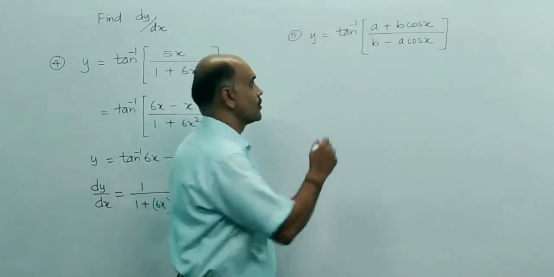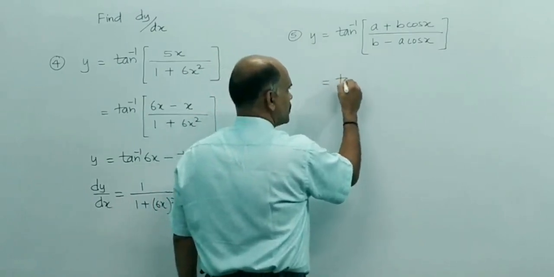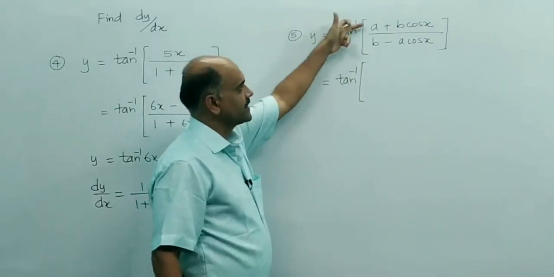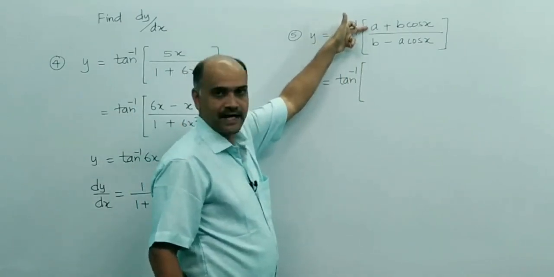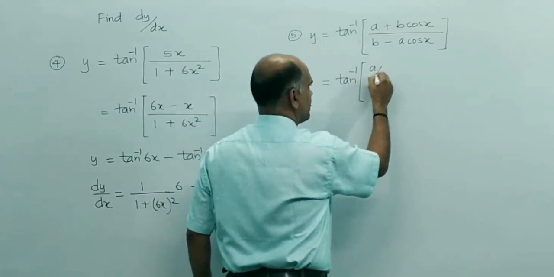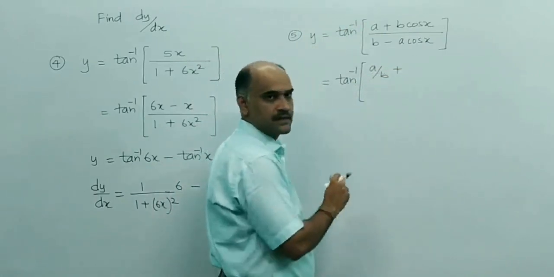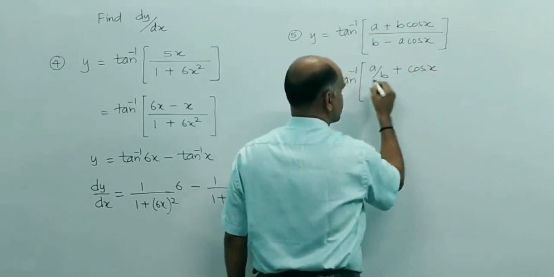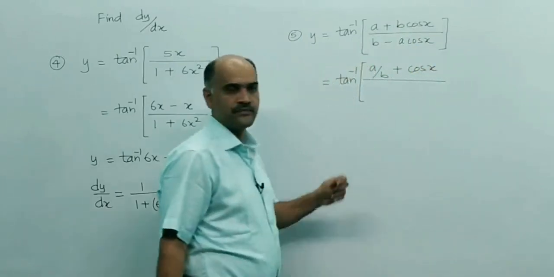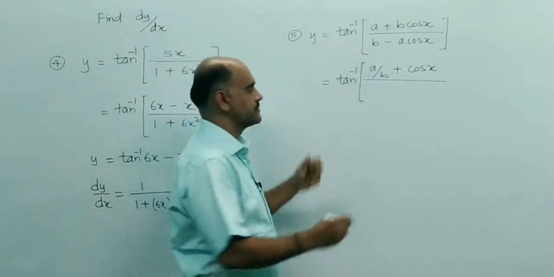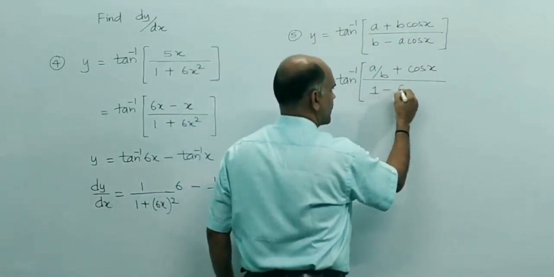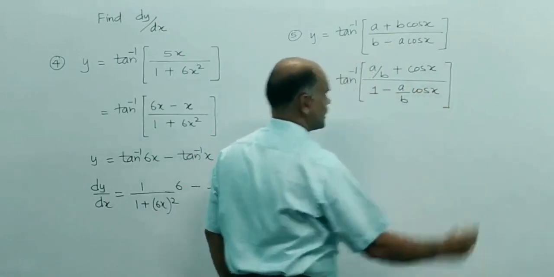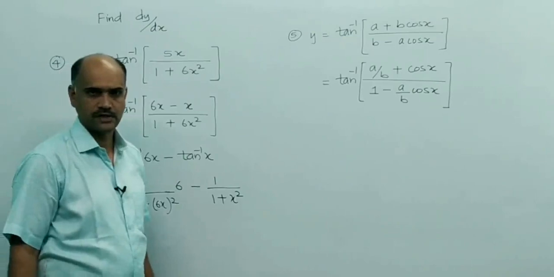So you will have tan inverse of (a by b plus cos x) divided by (1 minus a by b into cos x).